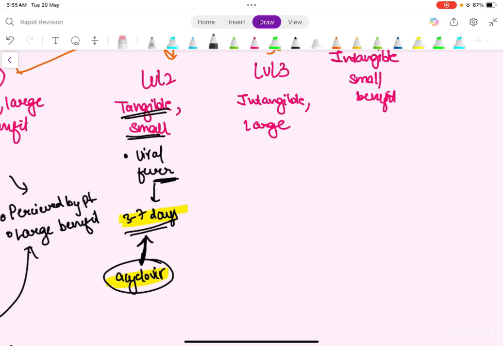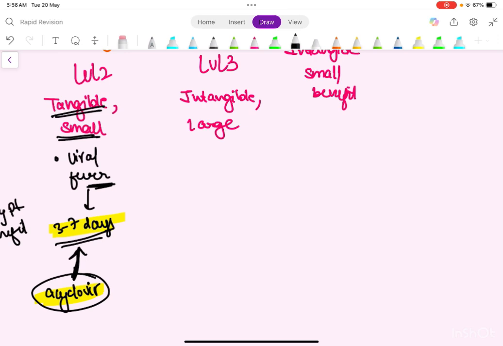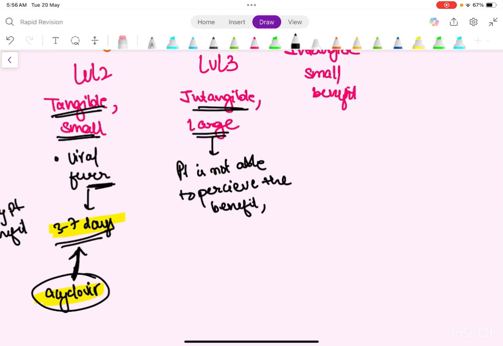Now let's talk about level 3. In this, you have intangible but large. The patient is not able to perceive the benefit, but it is a large benefit.